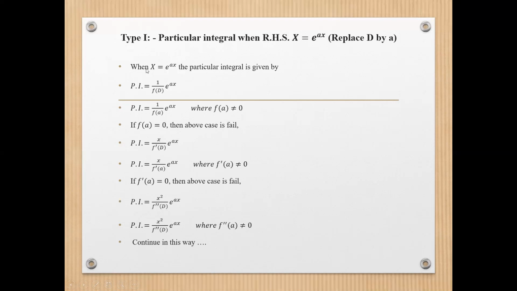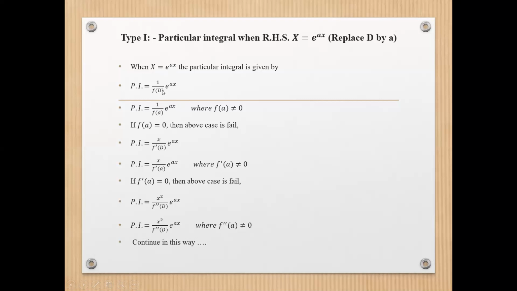Here the right hand side is of the form e raised to ax. What we have to do in order to find PI is replace D by a. So what do we get? PI is equal to 1 upon f of a into e raised to ax.